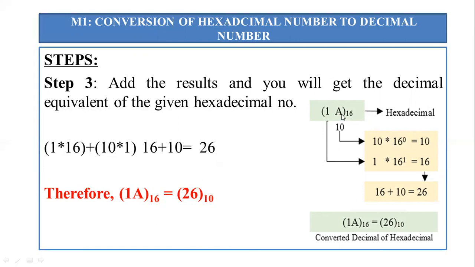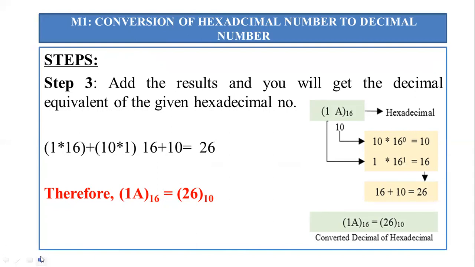The value of the position of the rightmost digit will be the power of the base, 16 raised to the power 0 in this case, and for 1 the value of the position will be 16 raised to the power 1, it will be 16. So 16 plus 10 will give me 26. In this way we can convert hexadecimal to decimal.